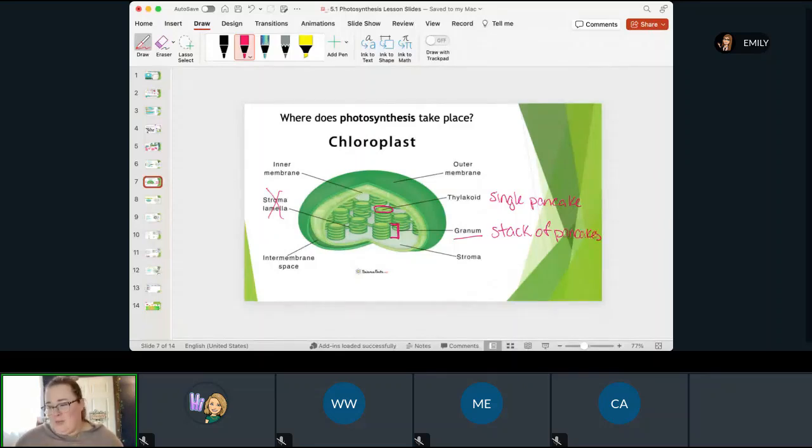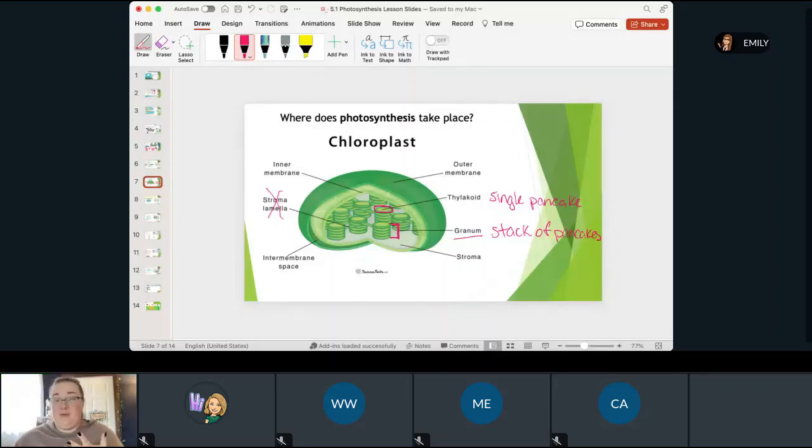And then the stroma is kind of like the cytoplasm of the chloroplast, okay? It's that jelly-like liquid inside that takes up the rest of the space. So I call that the syrup. I love food references. It makes it easier for me to remember.